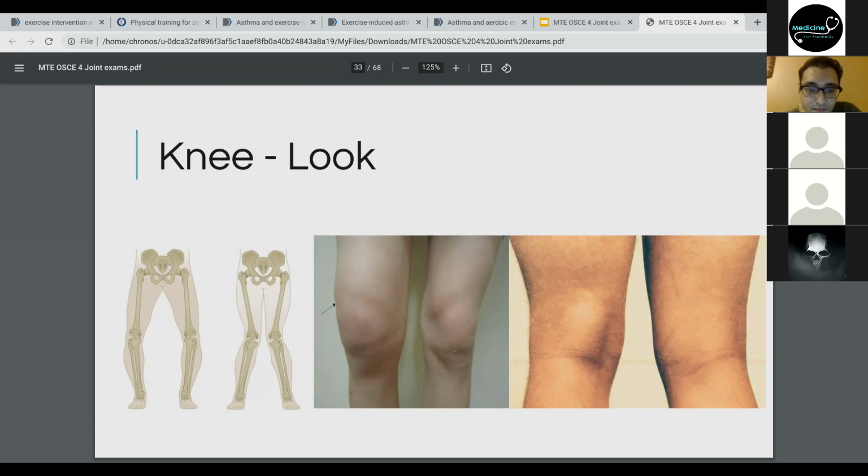The middle image, yes, the middle one. Another person's written effusion. Yes, there's pretty significant effusion in this case. It could potentially be a bursitis, but I wouldn't expect the swelling to go so far up the thigh. In a bursitis, it tends to be more focused, and I would also expect a little bit more redness.